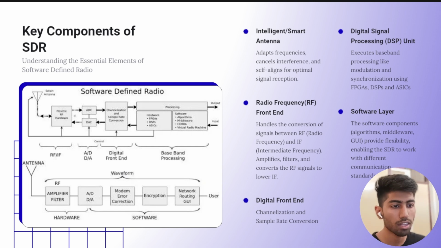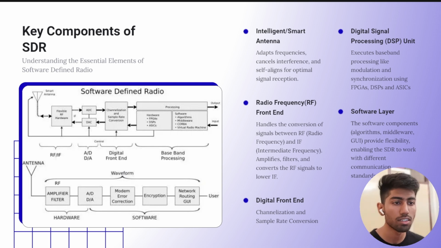After that, there is an analog-to-digital converter and a digital-to-analog converter. The analog-to-digital converter converts the analog intermediate frequency signal into digital form, preparing incoming analog signals for digital processing in the SDR.